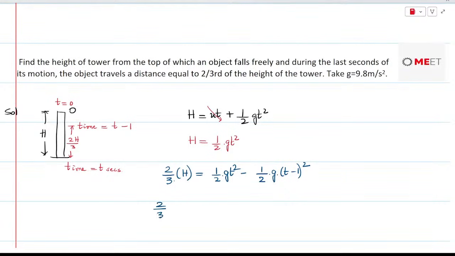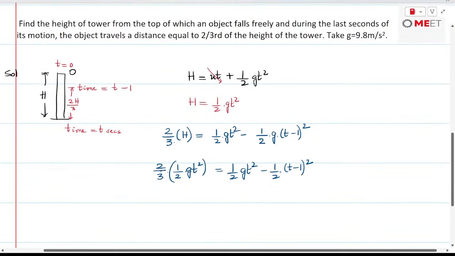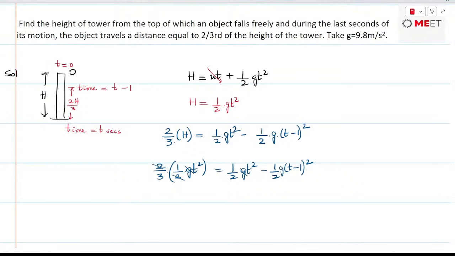So two-thirds of h can be written as half of g t square minus half of g t minus 1 whole square. Upon solving, the 2 and 2 will be cancelled, g and g will be cancelled. Half is cancelled, or else we can take half out as common.